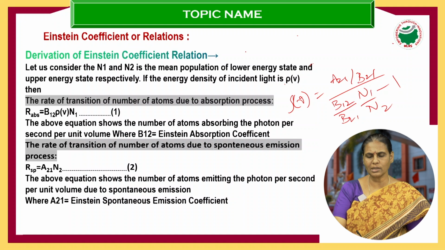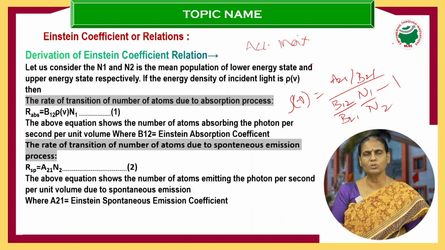Now, according to the scientist Maxwell Boltzmann, he has given the ratio of populations between the lower energy state and the higher energy level.